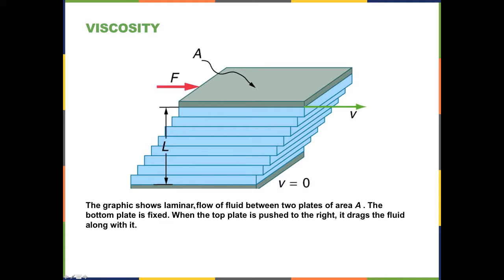So this graphically shows that in laminar flow, each plate has an area A. The bottom plate is fixed because of its contact here, but as you go up, there's more motion, and the top plate is pushed to the right, but it has a drag on it. It's pushed by a force, and this force drags these fluids with it. And so you have increased flow here and decreased flow here. Laminar flow, as I said, is a situation where the layers do not mix.